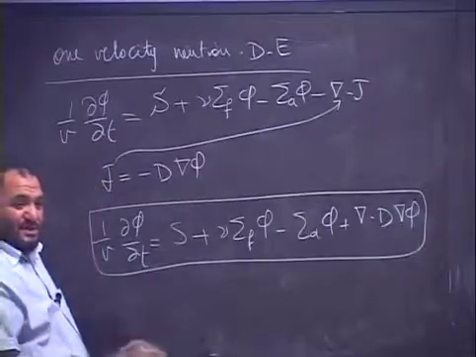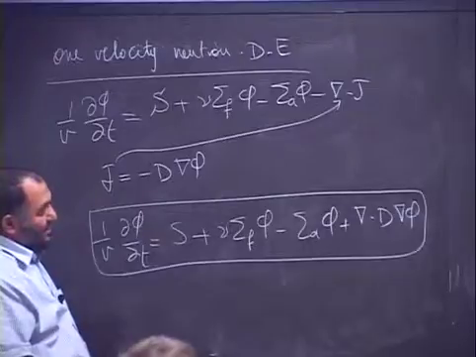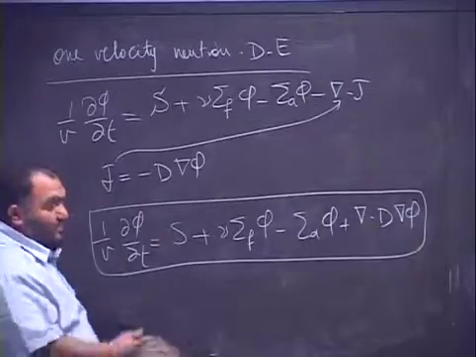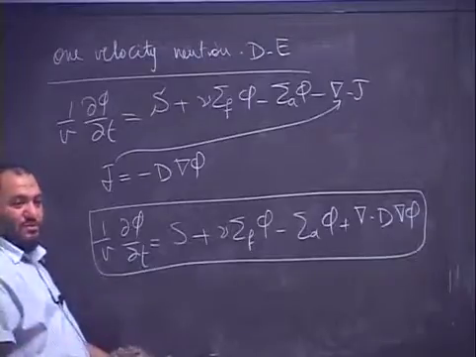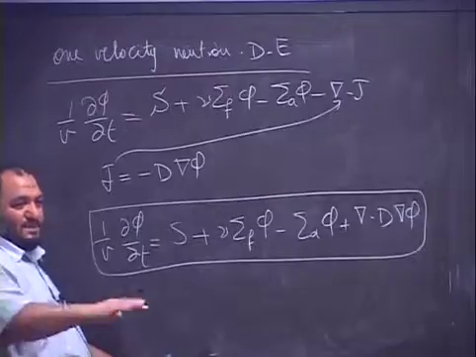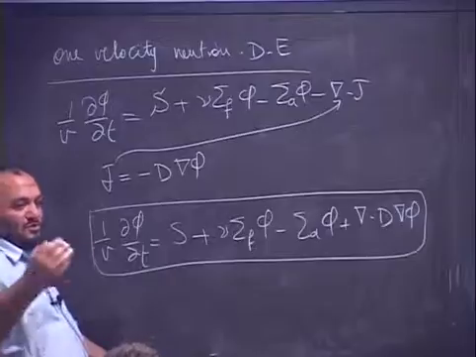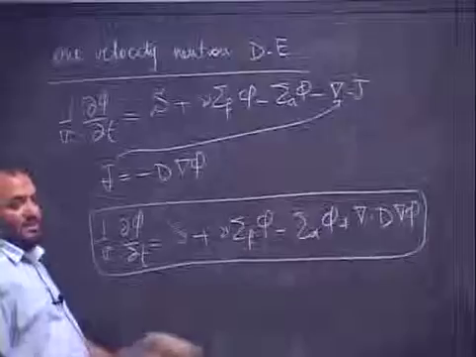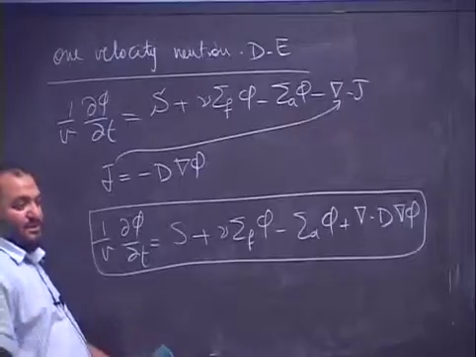Okay, guys, what if our system or our volume is uniform? What do we mean by uniform? It has a uniform distribution of the fuel, for example, and D is constant. The diffusion coefficient is constant in the field.